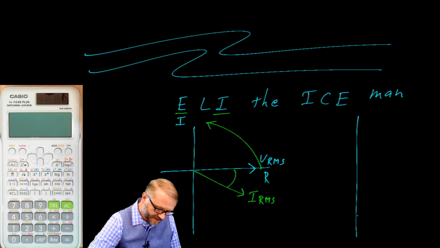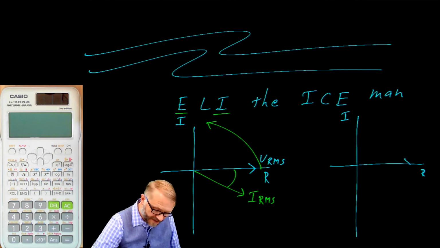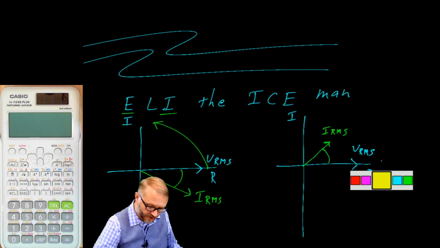If it was a capacitive circuit, again you have the real axis, you have the imaginary axis. If we let this be the voltage vector, so that's volts RMS, the current vector would be somewhere over here. In this case, it leads by some degrees.